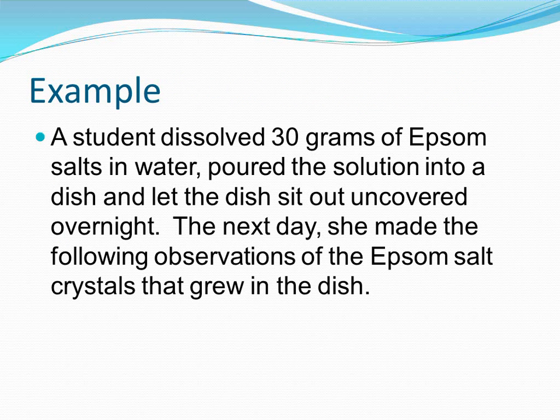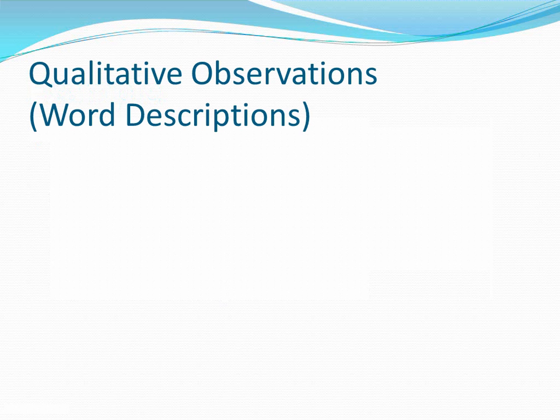So let's go through a scientific example. A student dissolved 30 grams of Epsom salt into water, then poured the solution into a dish and let the dish sit out uncovered overnight. The next day, she made the following observations of the Epsom salt crystals that ended up growing in the dish. So we're going to take some observations and interpretations about this.